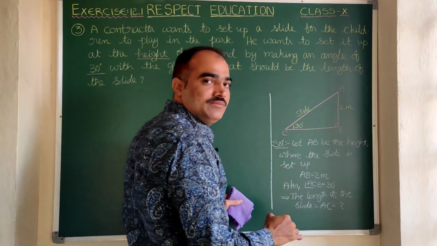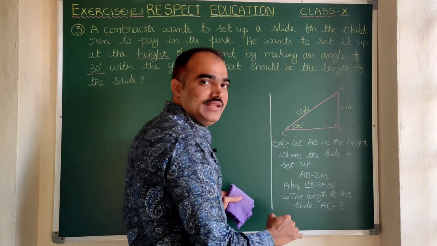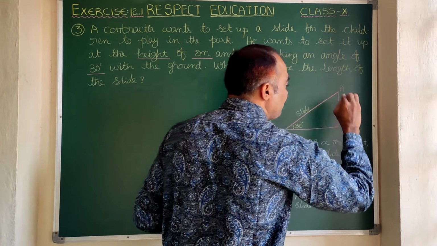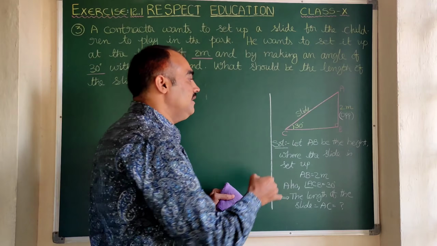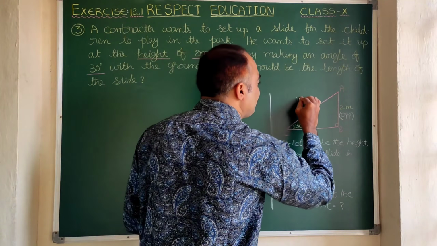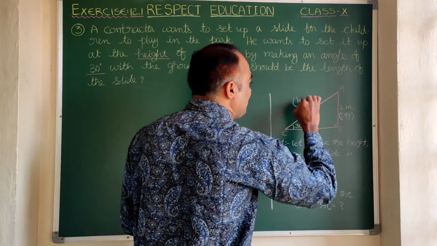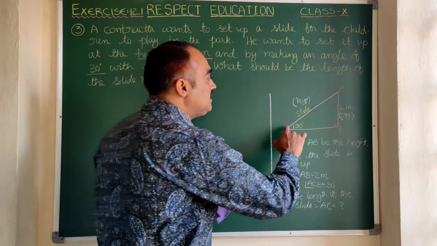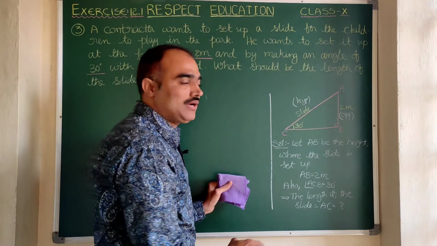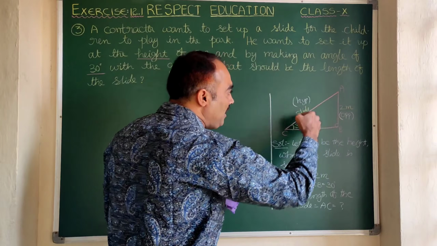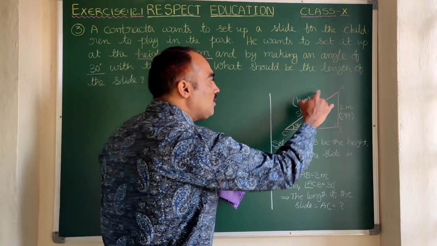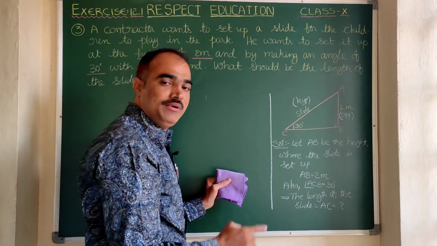For 30 degrees, AB is the opposite side. And AC is the required value, that is the hypotenuse. Now which trigonometric ratio is applicable? Clearly sin theta is applicable, because sin theta is opposite side to theta by hypotenuse. Theta is known, the opposite side is known, so the only unknown value, the hypotenuse, can be found easily.